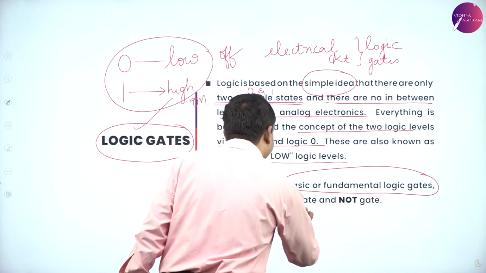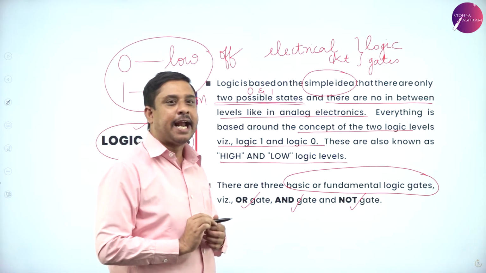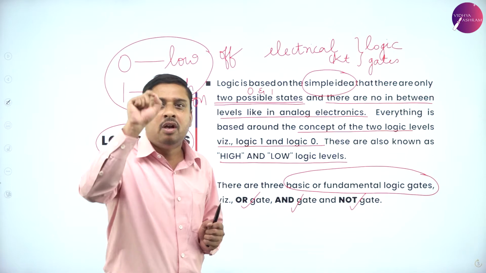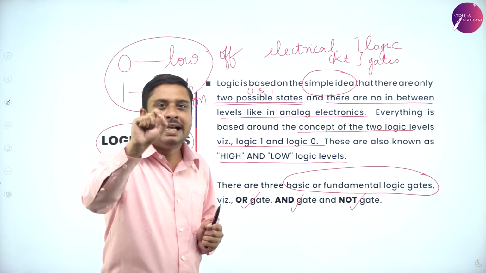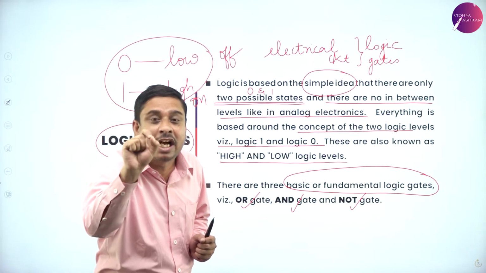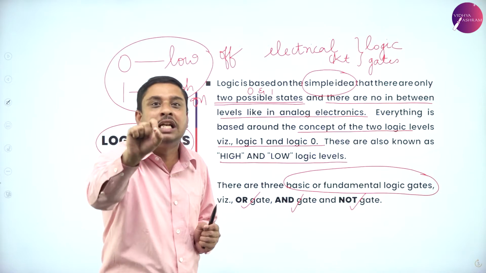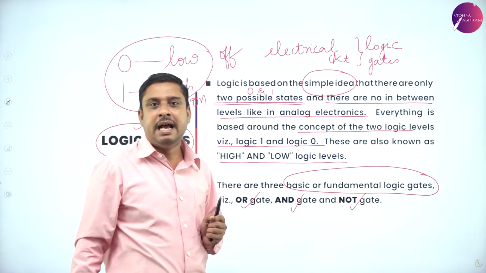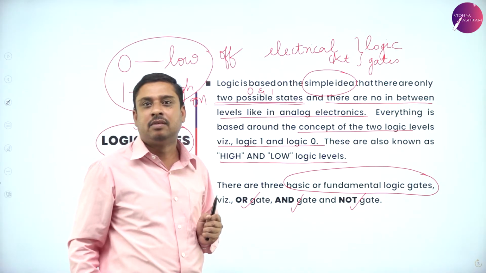OR gate, AND gate and NOT gate. So to summarize this issue, logic shows that in digital electronics you have only two possible states and no in-between states.